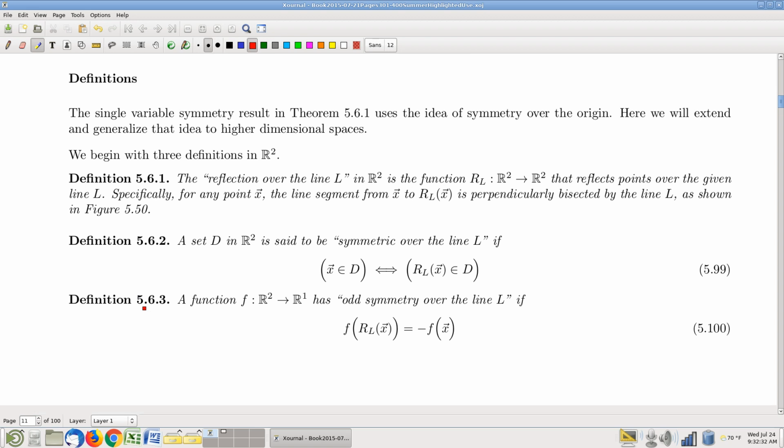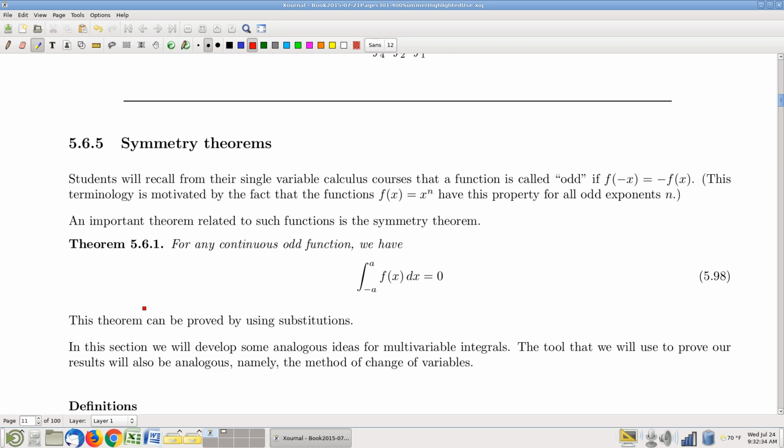Next thing I want to generalize is this idea of a function being odd. Remember, this was a definition of odd that we had in single variable calculus. If you put the negative input into a function, then you get the negative of the output. So the way we're going to generalize this to a two-dimensional setting is we're simply going to replace this idea of negative with the idea of reflection.